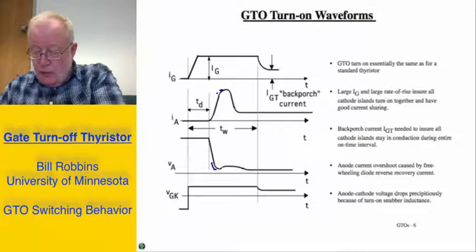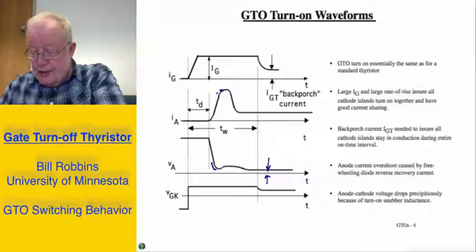There is a small rise in that voltage because of the inductor no longer blocking the voltage from the power supply, and then as the current goes from its peak down to the steady state value, there's a small drop in voltage until we get to the on-state value of the anode-to-cathode voltage.